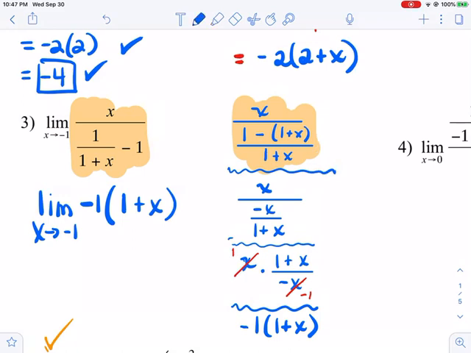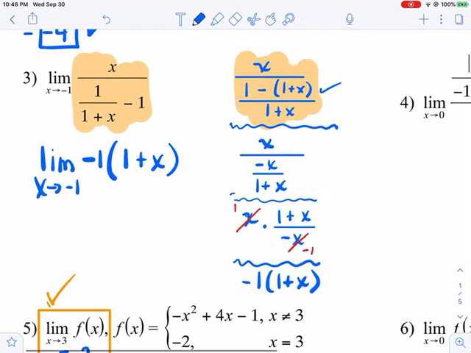You have to make sure in this top part that instead of just saying minus 1 plus x, you've got to minus the quantity of 1 plus x. Then I'm going to combine the numerators to get just negative x. And then I'm going to multiply by the reciprocal. So what you see in orange is equivalent to this.